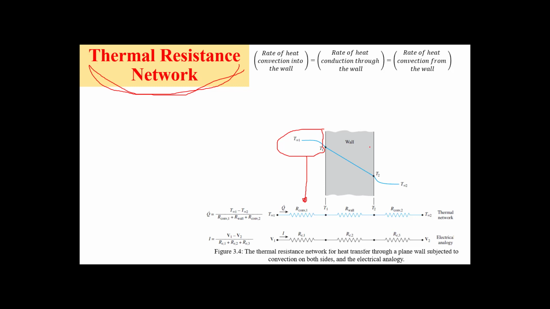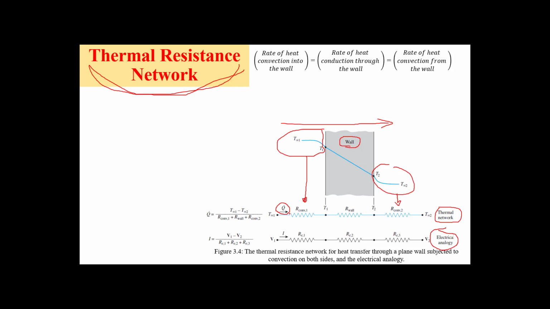Okay, here we have resistance coming from solid, which is conduction, our wall, and here we have another resistance coming from convection. So the flow of the Q will be in this direction. Okay, and here you can see the analogy between electrical and thermal, if you want to compare. So this is the flow of Q.